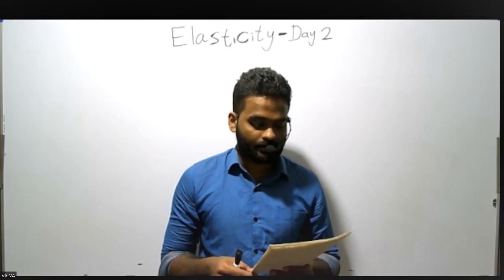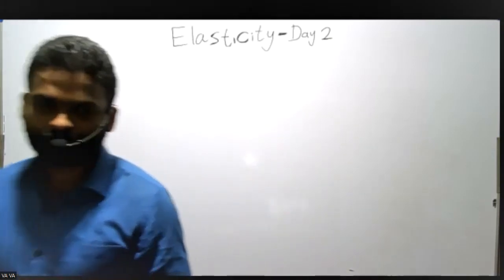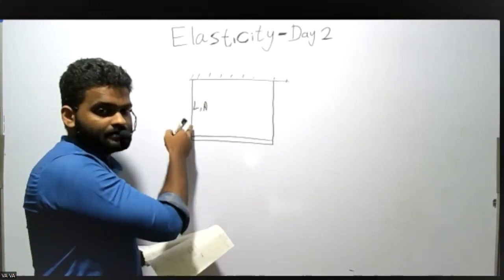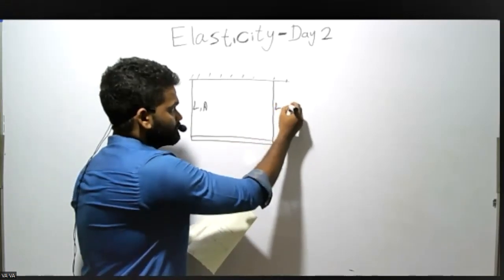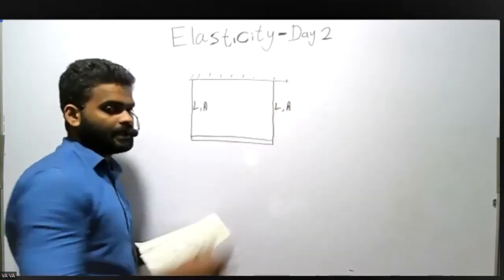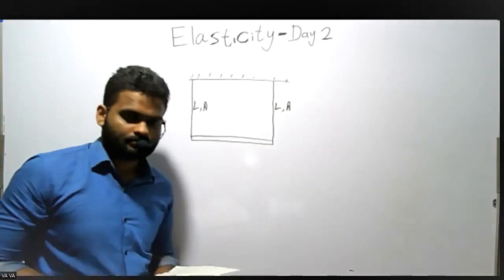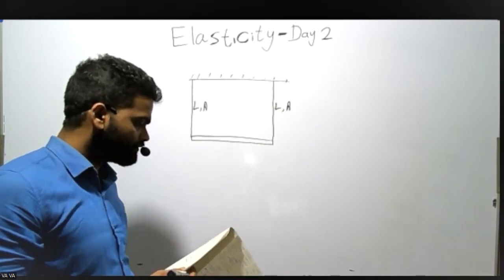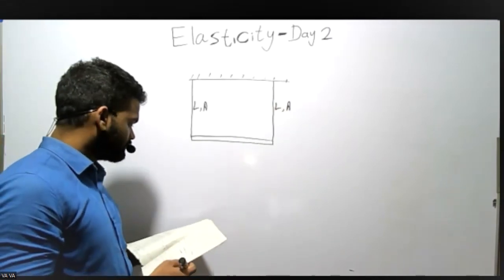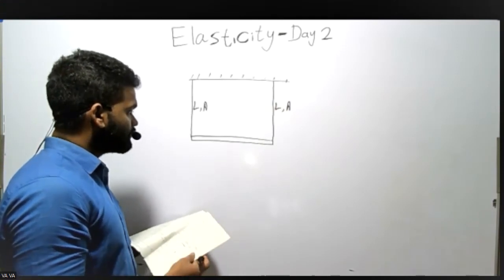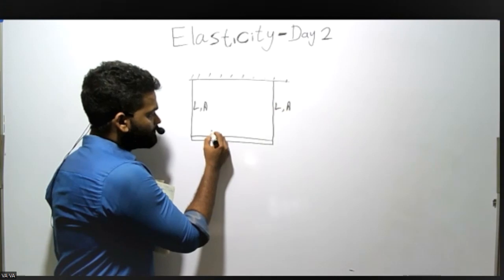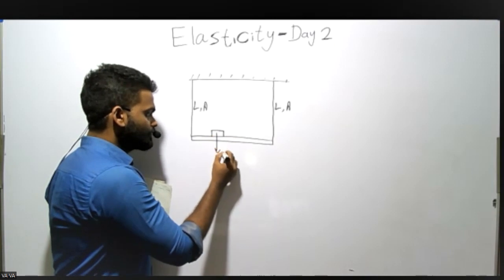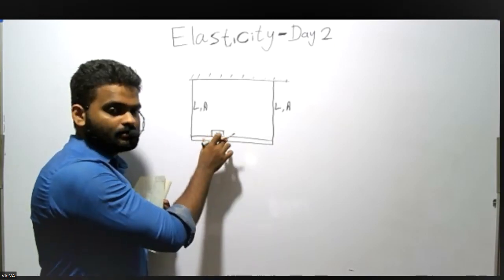The length and cross section of the wires are the same, so I'll just put LA. Then we place a weight on the rod.